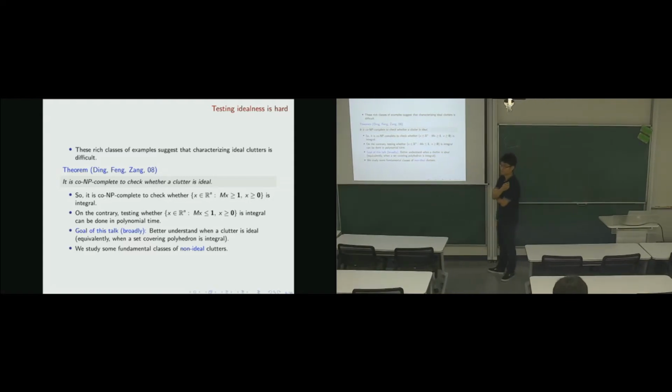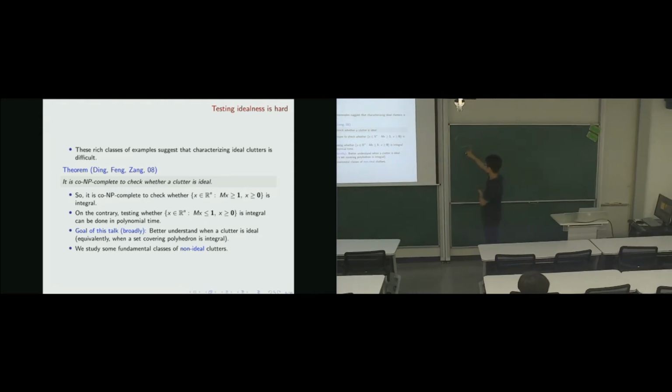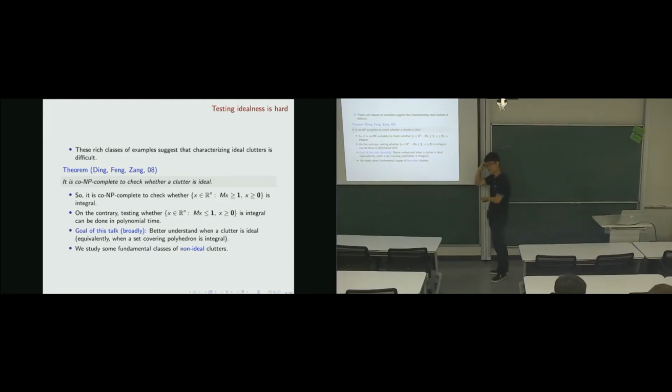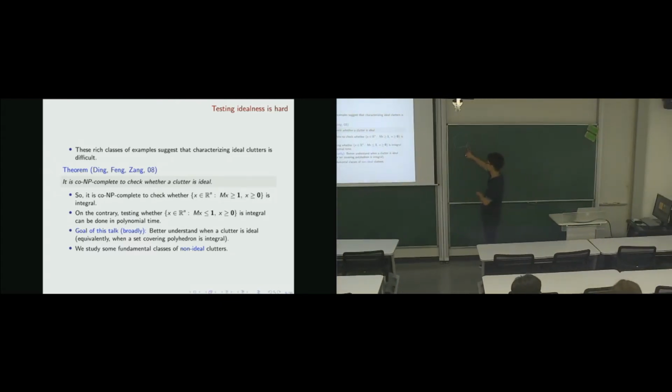You may have to find some rational. Right, so you're non-integral. You just need to exhibit a non-fractional extreme point, but you need to make sure that the encoding size is polynomial. For this one, it's coming from a graph, so you can easily say that the fractional vertex has some polynomial encoding size.